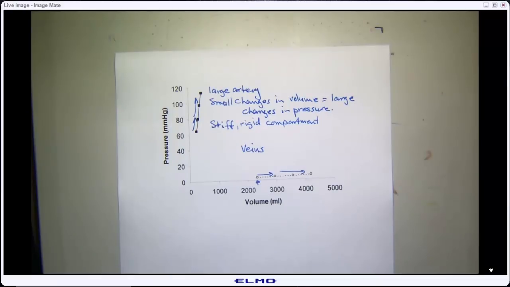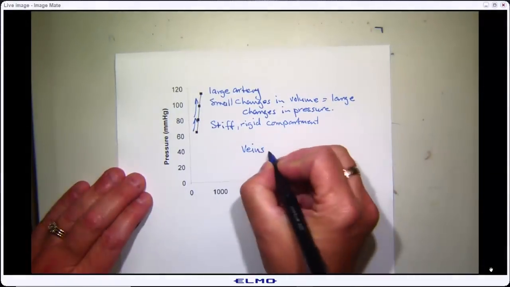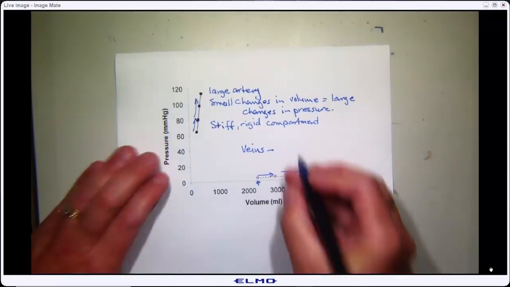We need a very low pressure system on the venous side, right? Or else we're not going to get flow. Pressure has to drop through the entire cardiovascular system, right? We cannot have a high pressure system on the venous side or you will stop all flow, okay? So veins, very compliant compartment.